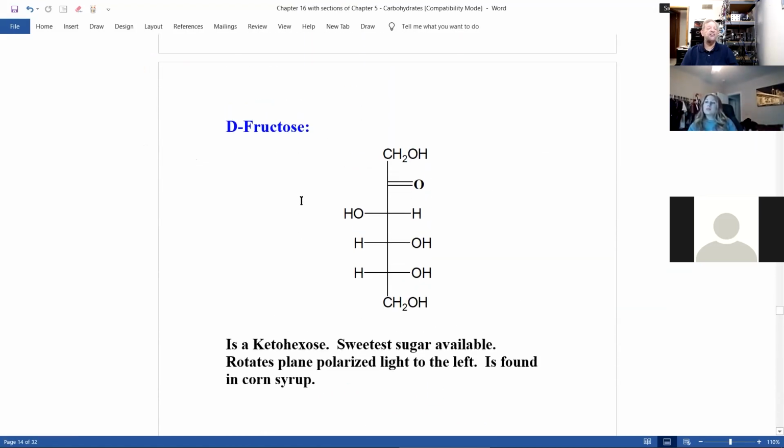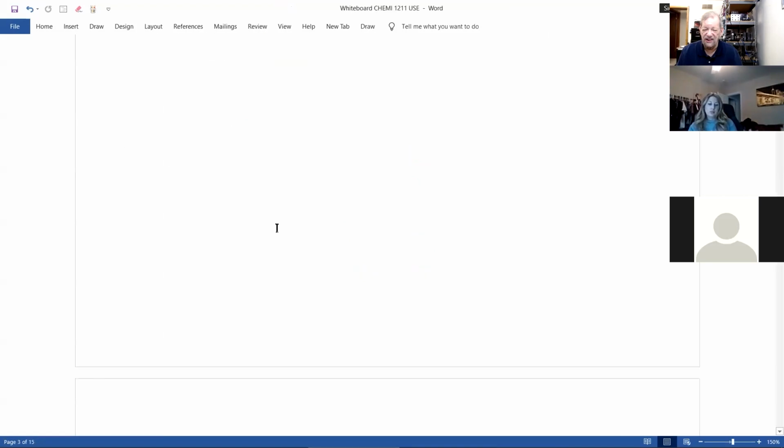Now here is fructose. And let's draw it. Let me remember what it is, because if you haven't guessed, I've never worked industrially or even in academics with these sugars other than at one time.